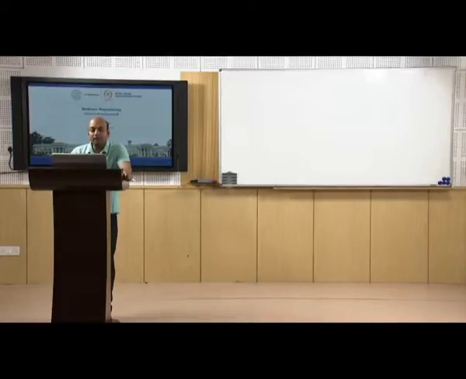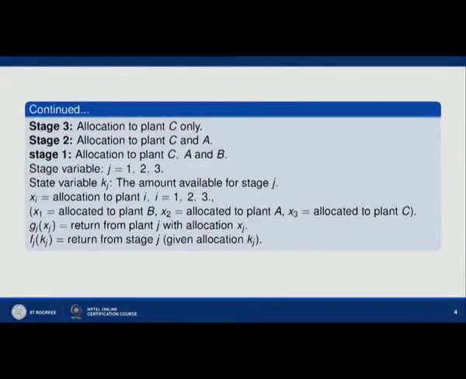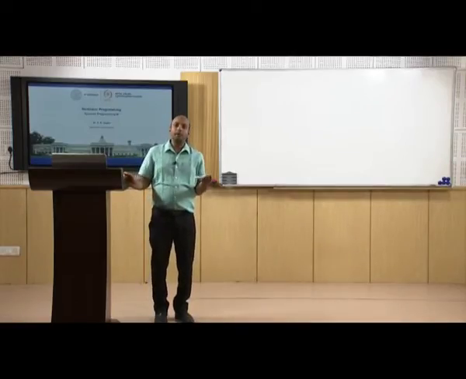We divide this problem into 3 stages: stage 3, stage 2 and stage 1. In stage 3 we deal with allocation to plant C only. This is our choice, which plant we allocate to stage 3, which to stage 2 and which to stage 1.